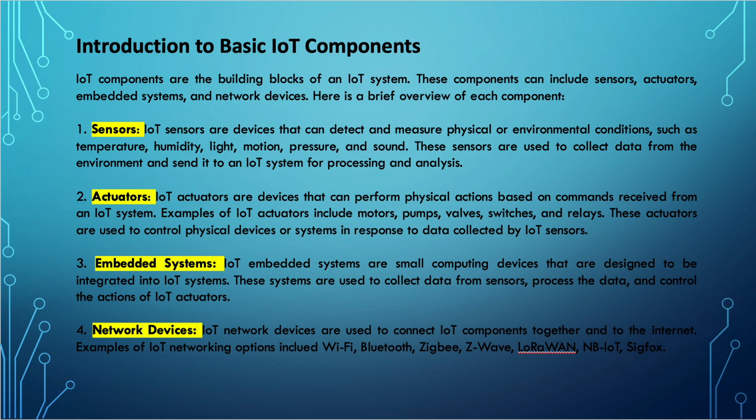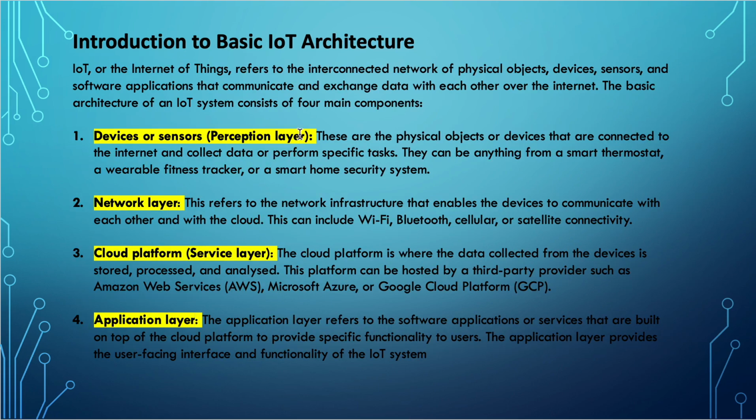As we talked about before, there are devices or sensors in the perception layer, right? So that means we are going to talk about components in the perception layer. Basically, in this introduction to IoT components, we are going to talk about physical objects that make the perception layer, physical objects that make the network layer, physical objects that make the service layer, or even physical objects that make the application layer.